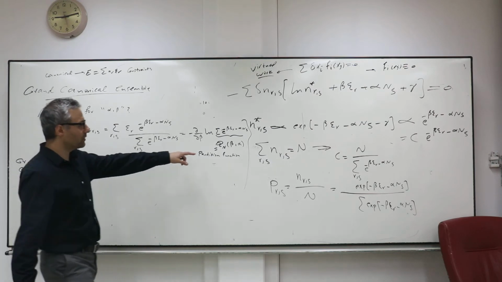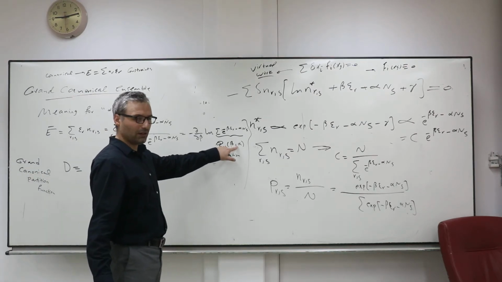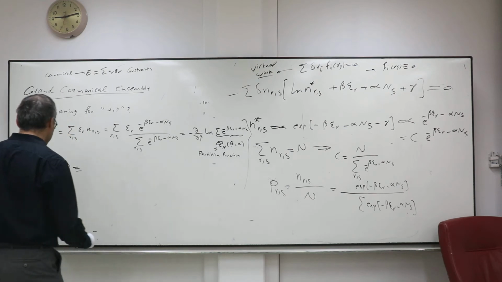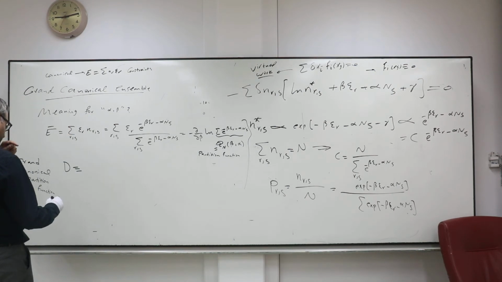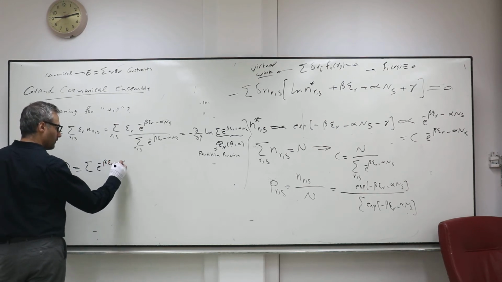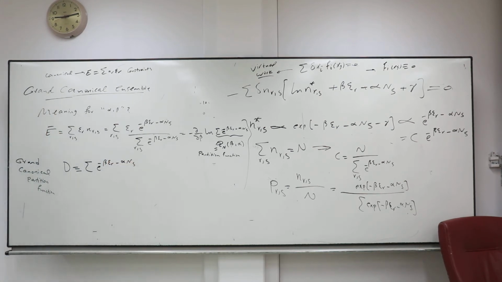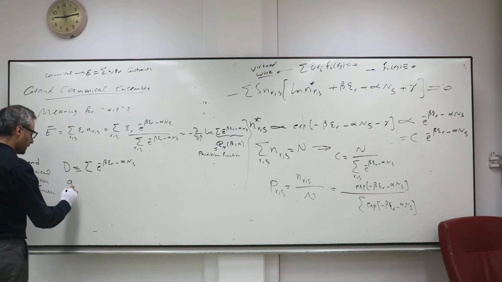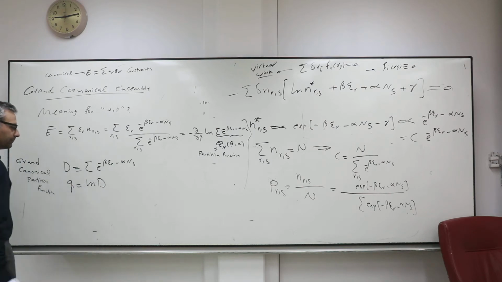We used Q before with one parameter. When you have an alpha here, I want to define the nu. This is what we call the grand canonical.